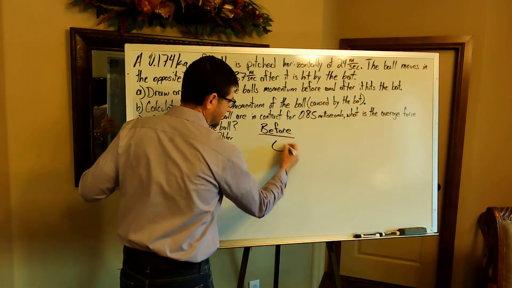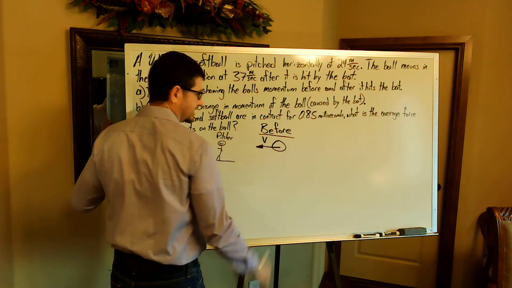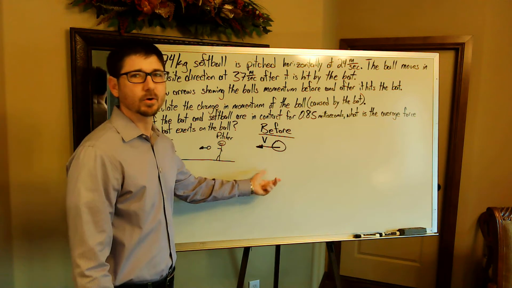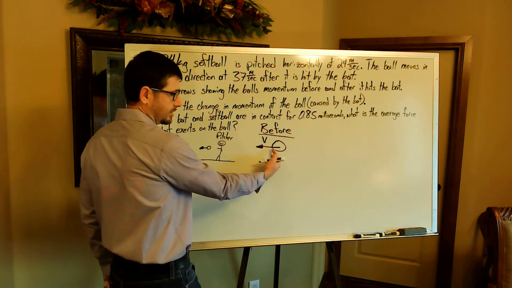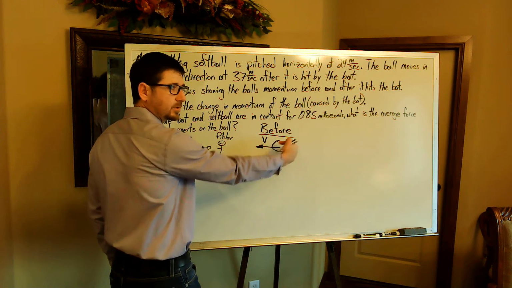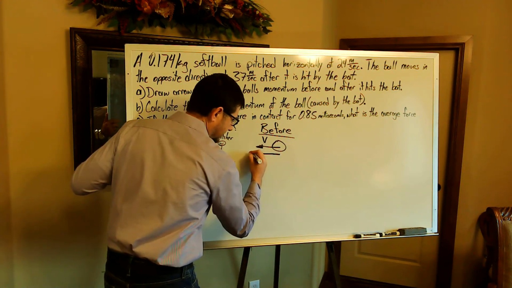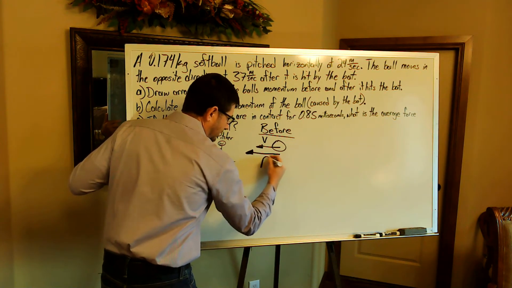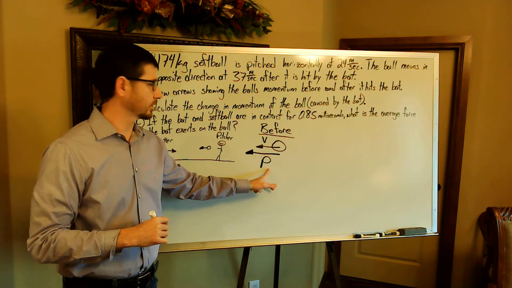If I set up a before and after situation, we have the ball. The ball's velocity is headed in this direction. Velocity is a vector, so momentum will be a vector. We have a negative velocity because our vector arrow is pointing in the negative x direction, and we will have a momentum vector, identified by lowercase p.